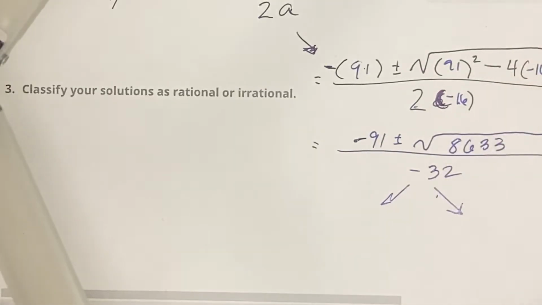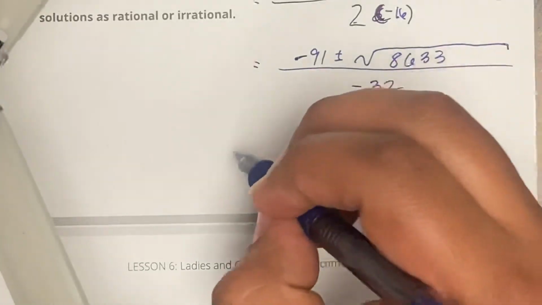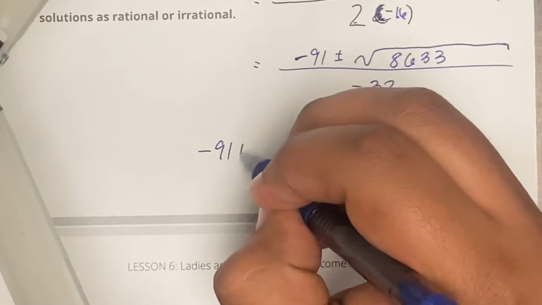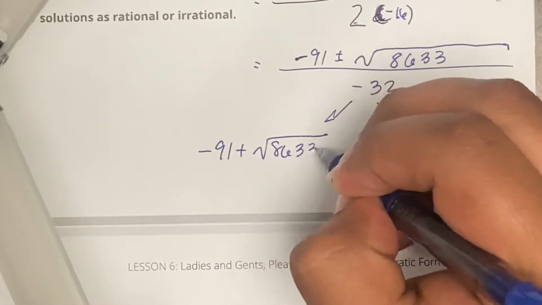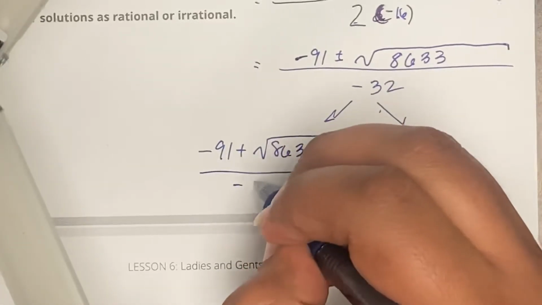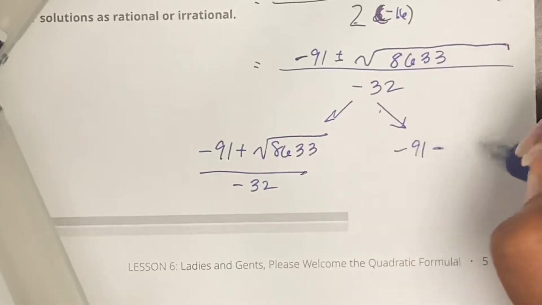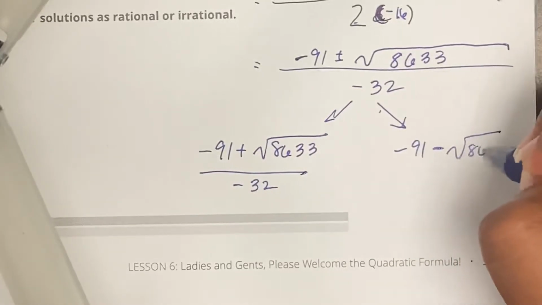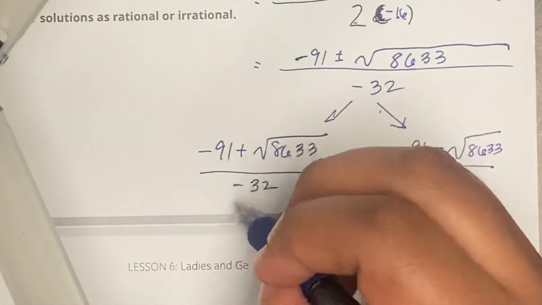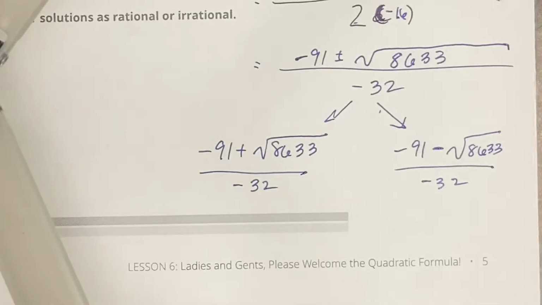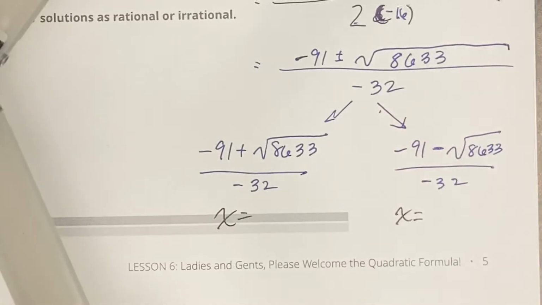We do 2, our plus and our minus. Negative 91 plus the square root of 8,633 over negative 32. And then over here, negative 91 minus the square root of 8,633 over negative 32. x equals, x equals.